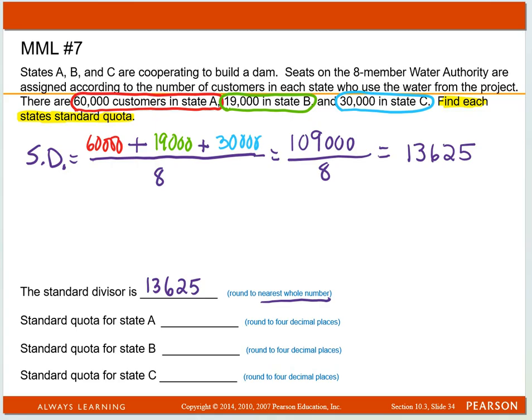Now, to find the standard quota for state A, and it does say to round to 4 decimal places, I have to find the standard quota. Okay, so we're going to do the standard quota for state A. And you're going to take state A's population, which is the 60,000. Made that line a little too long. And divide it by the standard divisor.